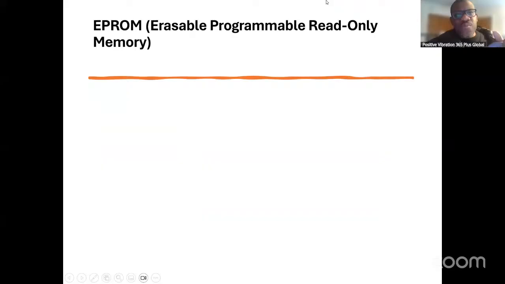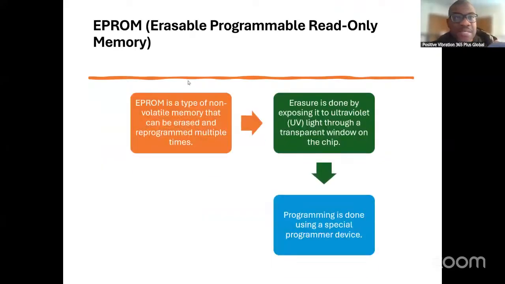So with ROM, you get it from the manufacturer programmed and it cannot be changed. With PROM, you get it from the manufacturer and it can be programmed once and then cannot be changed. Then we have EEPROM, which is erasable programmable read-only memory. And this is a type of non-volatile memory.